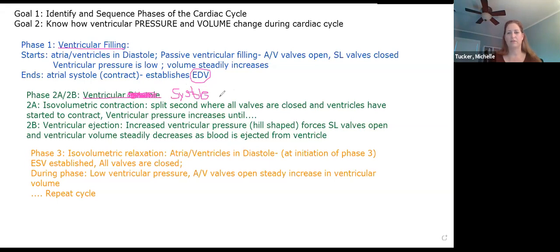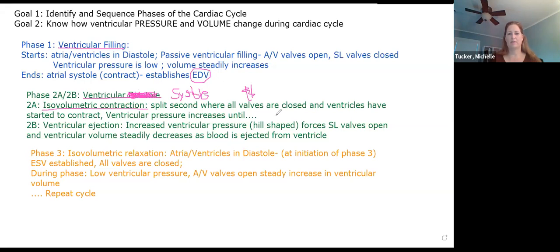So the ventricles are primarily contracting during this time. That very initial part, the dark khaki, where the AV valves have closed, but the semilunar valves have not yet opened, is called isovolumetric contraction.